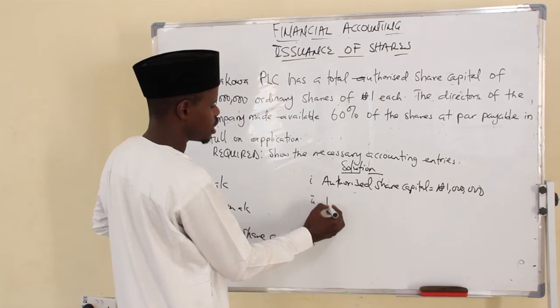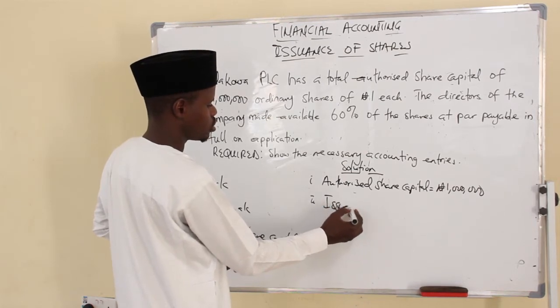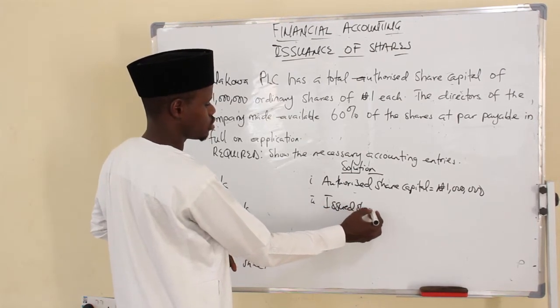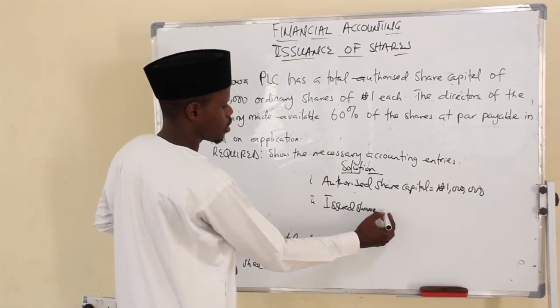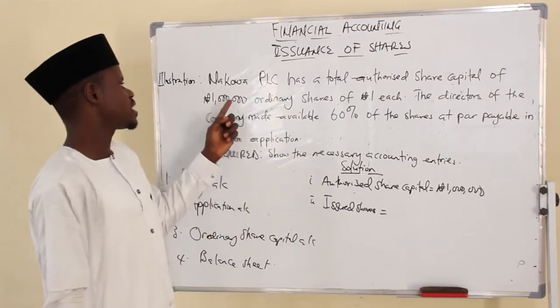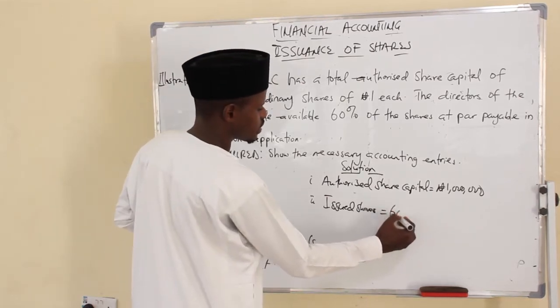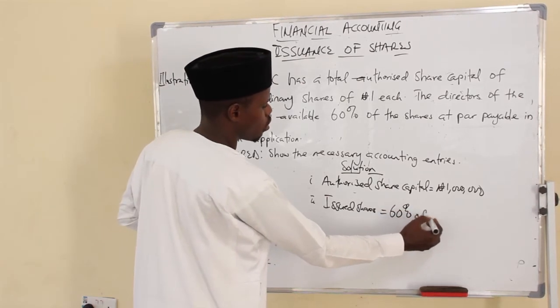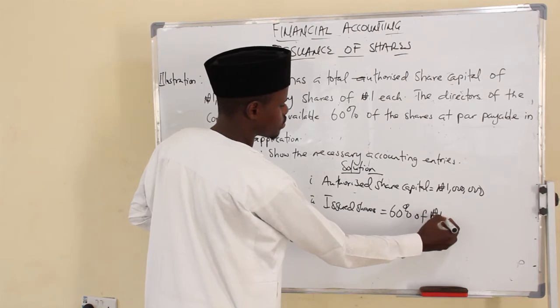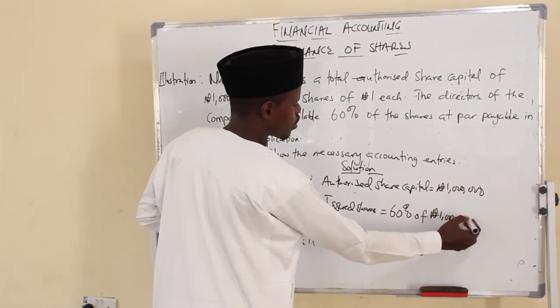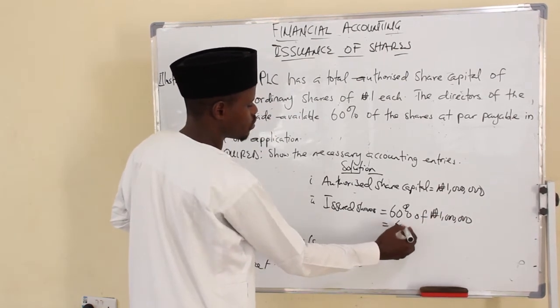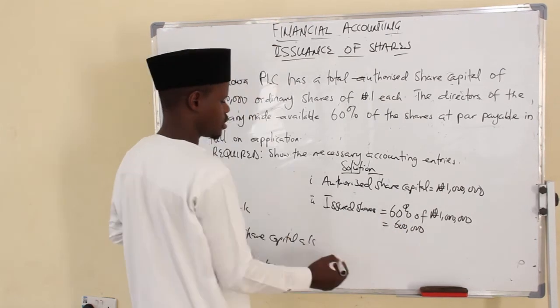So it means the issued share will be 60% of this 1 million naira ordinary shares. So it will be 60% of 1 million naira, and this will give us 600,000 shares.